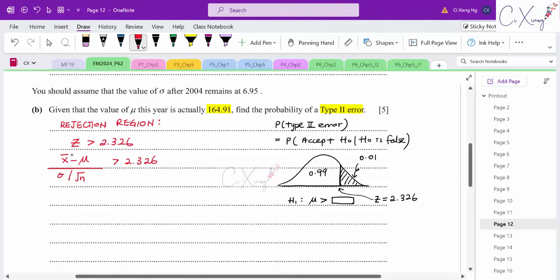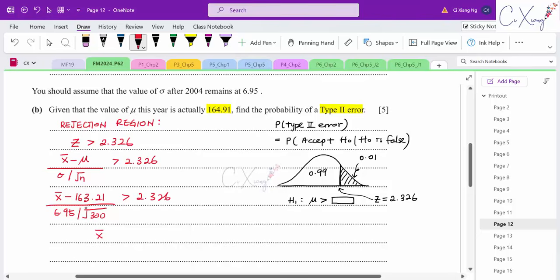If we observe the values here, I already know the sample mean. The mu is 163.21, because we are comparing with the year 2004 one. So 163.21 for our mu, divided by sigma. What is my sigma here? 6.95 over square root 300, and 2.326 here, still the same.